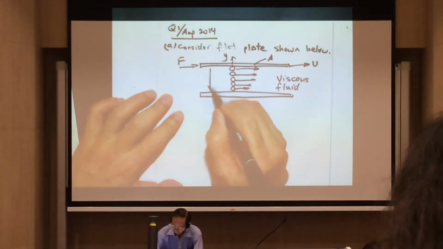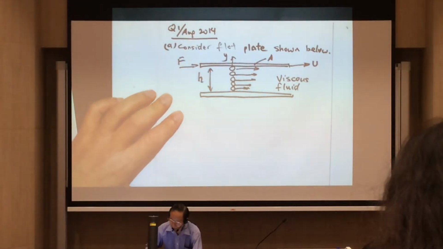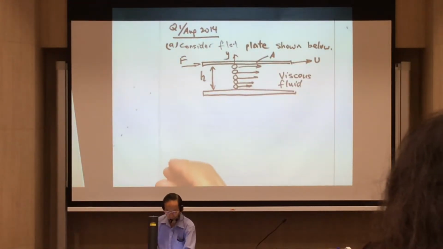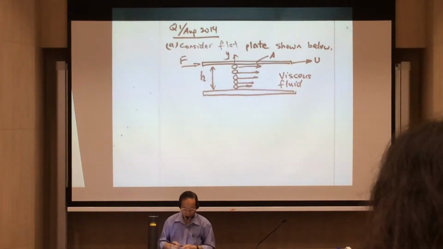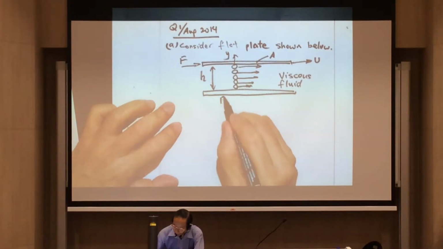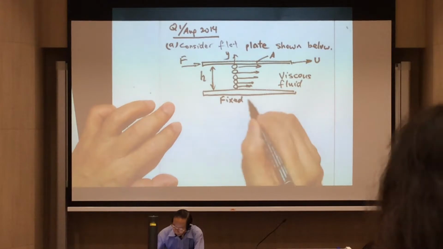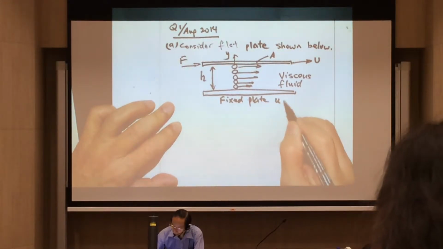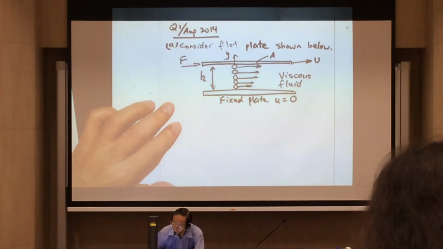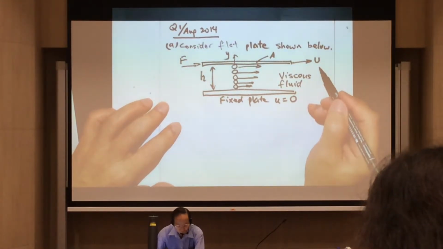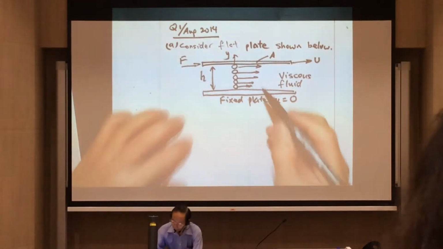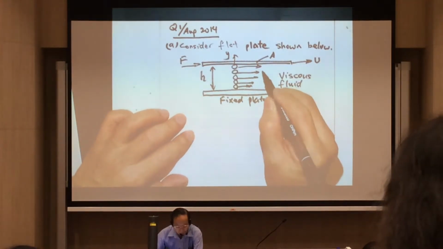And you can say this is the plate separation distance H. And this is the fixed plate with, therefore, the velocity 0. If it's small u, there's a big U. And this is the velocity profile.